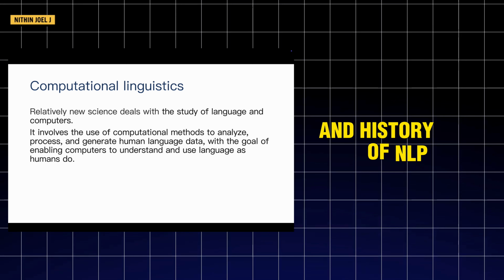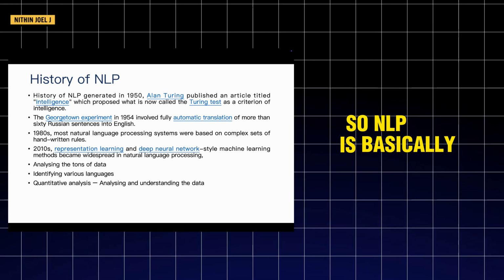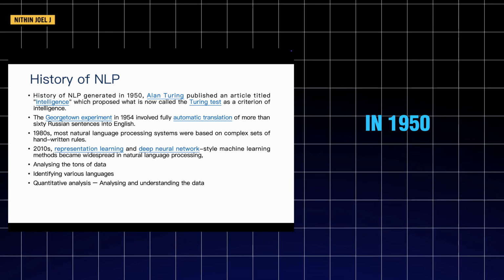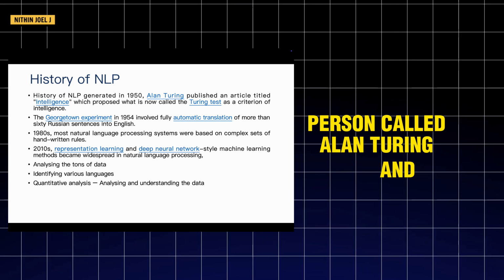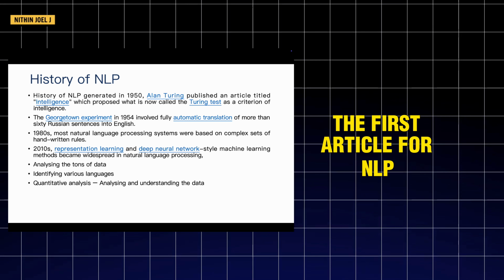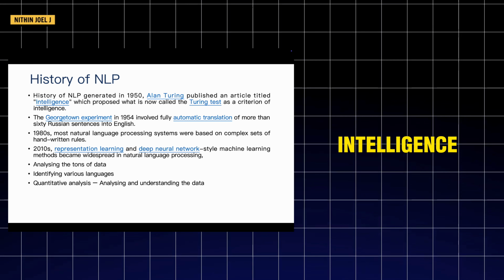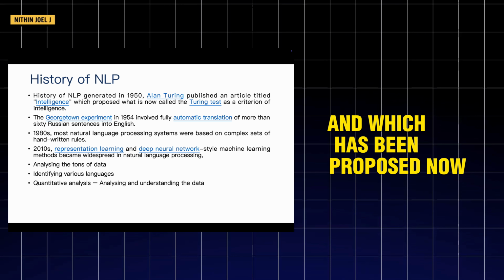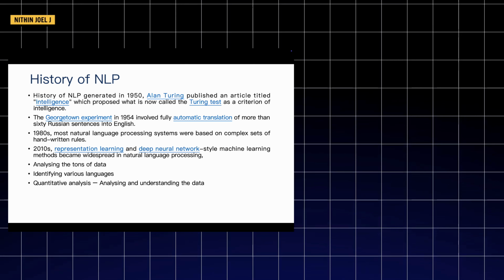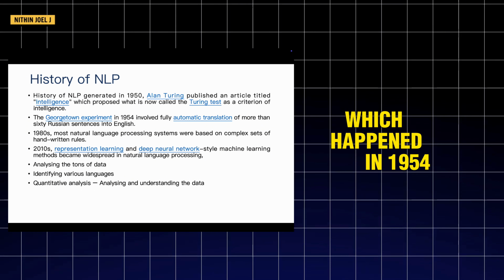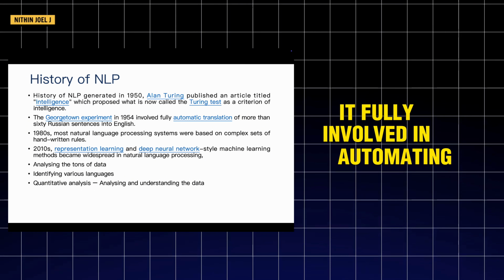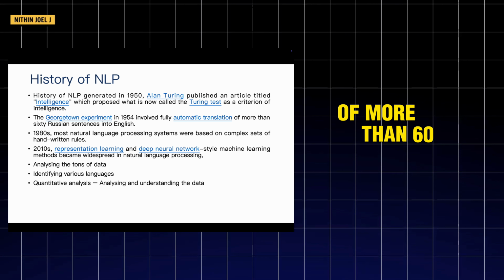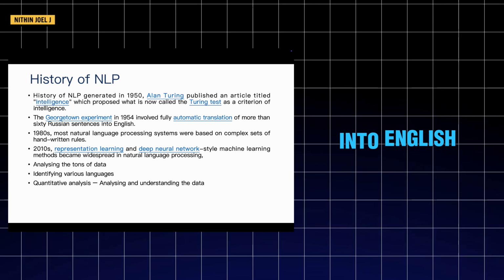And history of NLP. NLP basically got started in 1950 by a famous person called Alan Turing. The first article for NLP was titled Computing Machinery and Intelligence, which proposed what is now called the Turing test. Based on the famous Georgetown experiment, which happened in 1954, it fully involved automating translations of more than 60 Russian sentences into English.